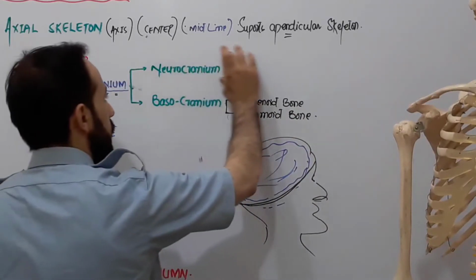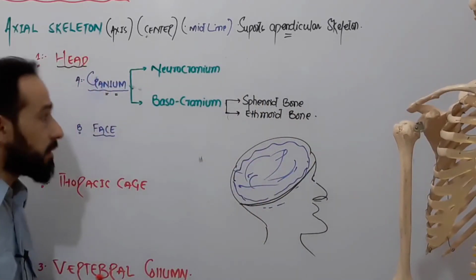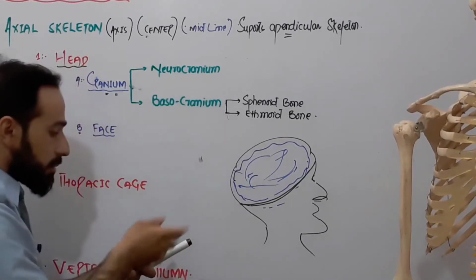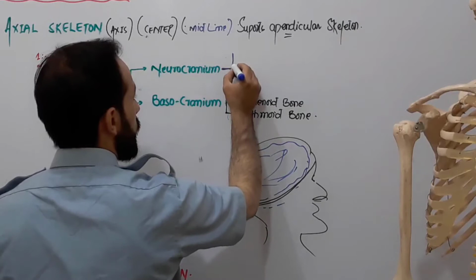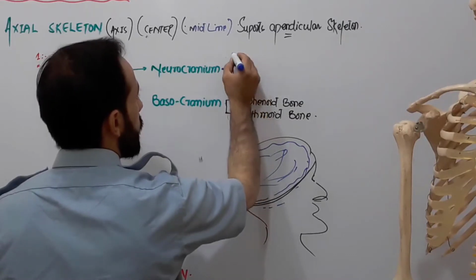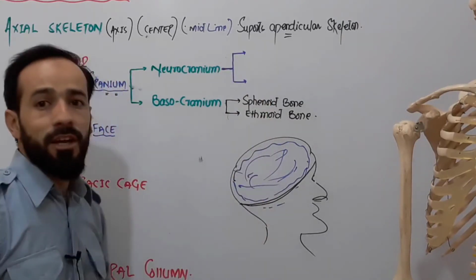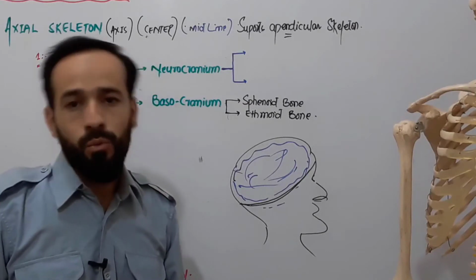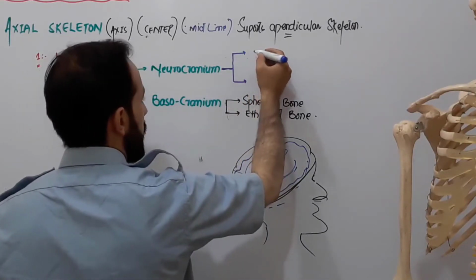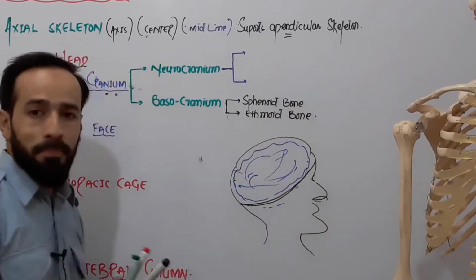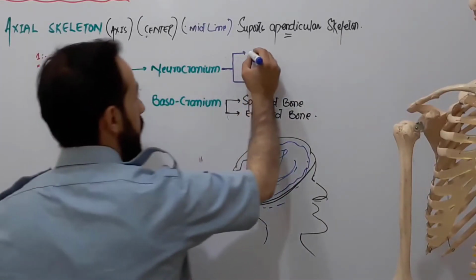Then towards your narrow cranium, right? Your narrow cranium comprises two groups of bones, those which are paired and those which are unpaired. So first we should know that there are certain paired bones and then there are unpaired bones.